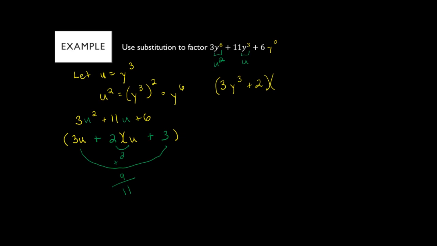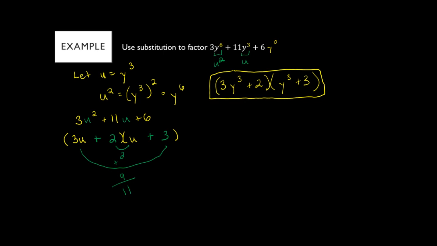And then we have the plus 2, and then parentheses, we have a u, so that's y cubed plus 3. And generally, in these types of situations, you don't need to simplify because we don't have a thing with parentheses where you multiply and add. We usually do not need to simplify after this because we're just replacing one term. And so then that would be your final answer factored.